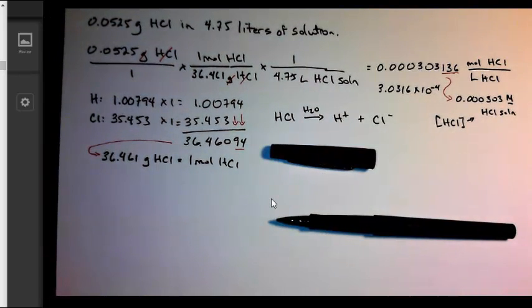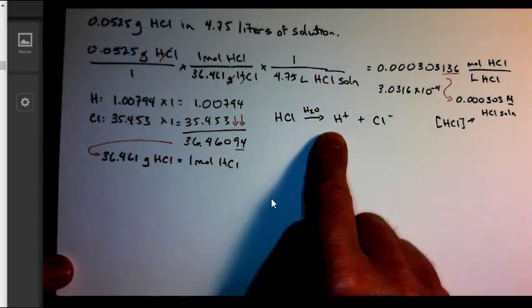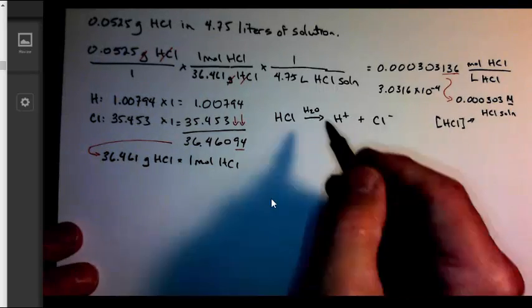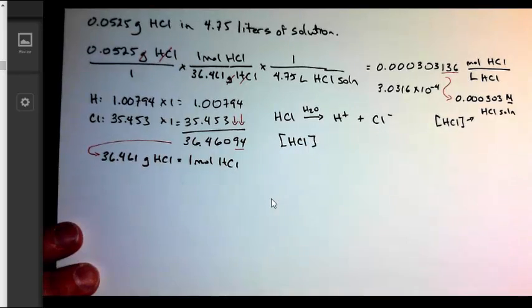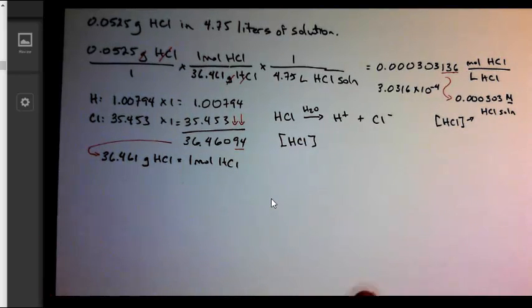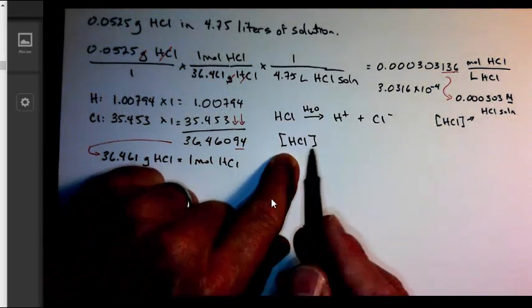Okay? Moles are counting numbers. So for every mole of HCl units, I also have moles of hydrogen ion units. So the molar concentration of HCl, since and only since it's a strong acid with a single hydrogen ion, called a monoprotic acid, it only has 1 hydrogen that comes off.